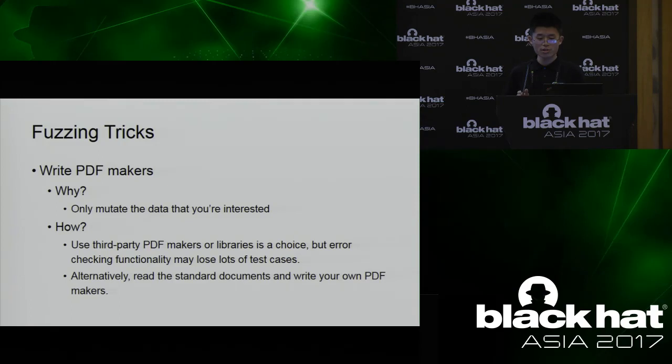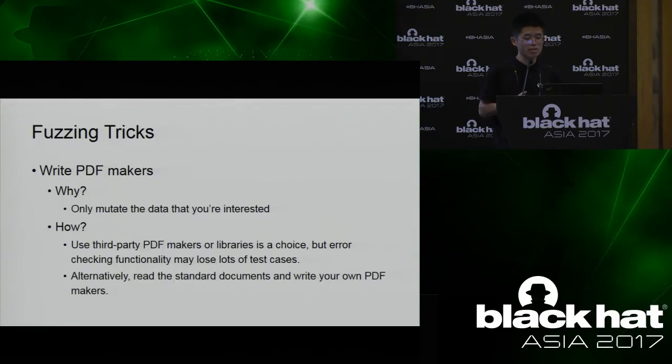Then the question here is how to write a PDF maker. Well, we can use third-party PDF makers or libraries, but there is a problem: I think this method is not flexible, since the third-party PDF makers and libraries have error checking functionality.